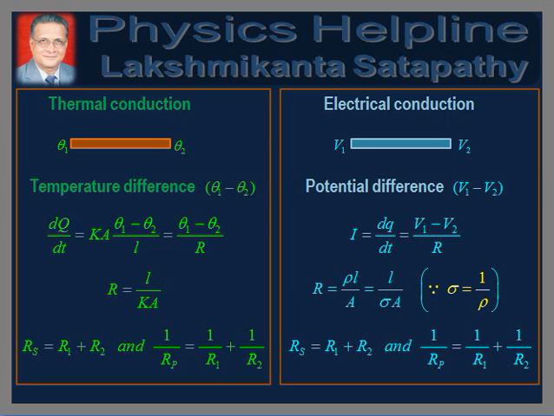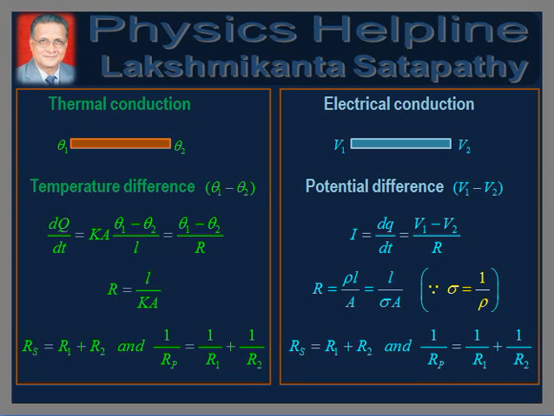Similarly, electric current I is equal to V1 minus V2 divided by R such that electrical resistance R is equal to rho L by A, where rho is the resistivity of the metal. Now, rho is equal to 1 by sigma, where sigma is its conductivity.